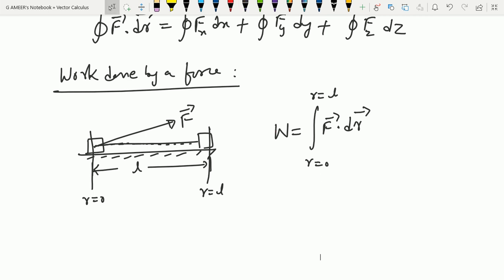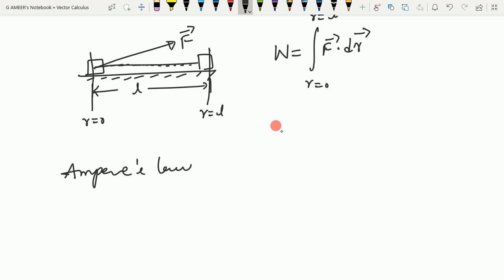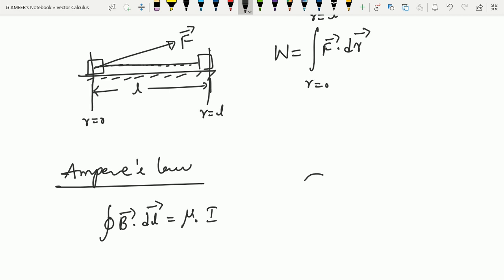I will define Ampere's law. In physics, we define Ampere's law like this. Ampere's law is related to magnetic fields. So the circulation of the magnetic field along a curve is equal to mu naught multiplied by current, where B is the magnetic field circulated along a curve.